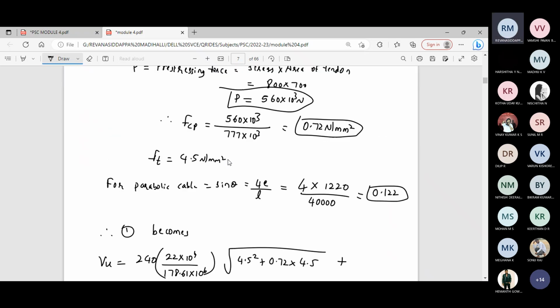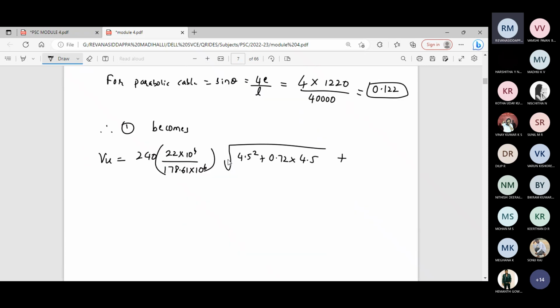P is how much we got? 560 into 10 power 3, into the sin theta value of 0.122. Okay. Now you can calculate the answer.